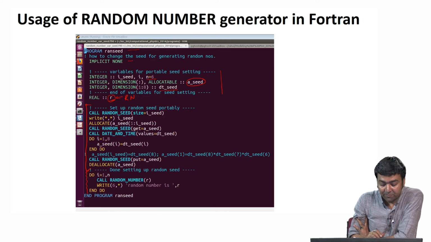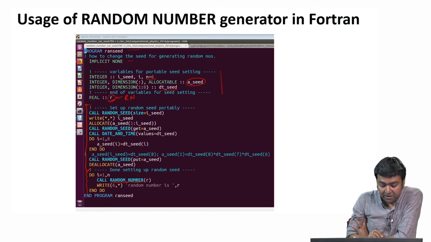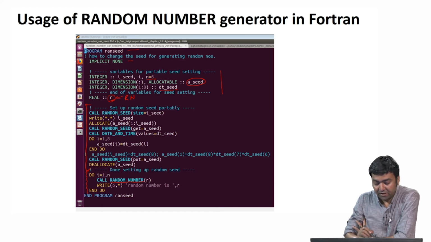I am calling my subroutine random_number with the argument r, which is a real scalar variable. Each time this subroutine is called, it gives me a random number between 0 and 1, which is stored in r, and I am printing it out.